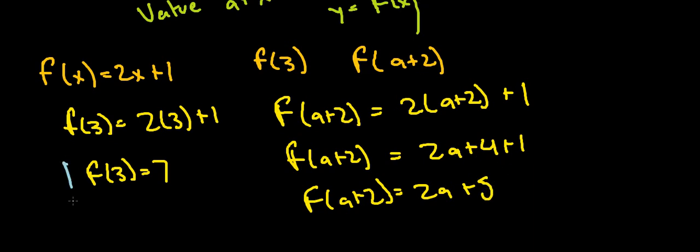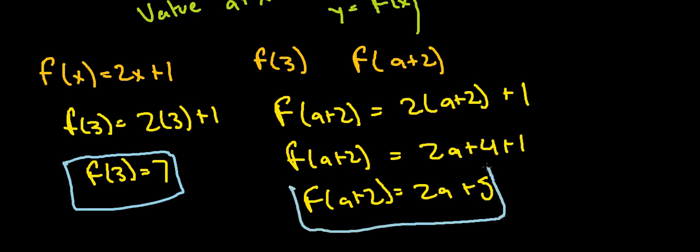And these are our two answers. Like I said earlier, this notation might seem a little bit cumbersome, but I'm only writing f of a plus 2 repeatedly so everyone can see it. When I'm solving my own problems, I just write f of a plus 2 once and then I just go down saying equals, equals, equals.